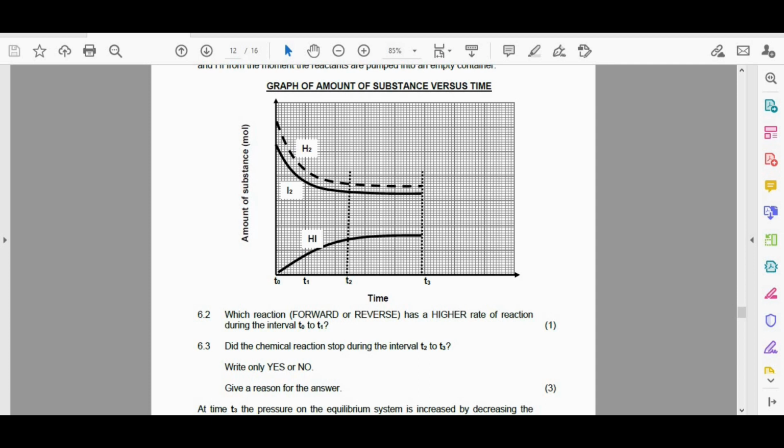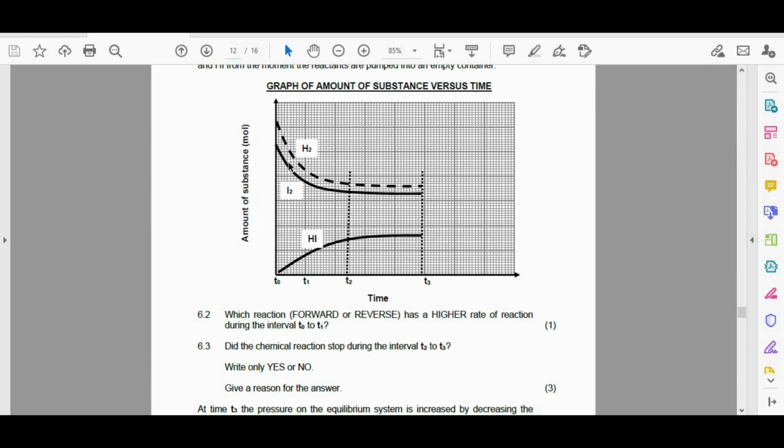So, yes or no to question 6.3. Did the chemical reaction stop during time interval T2 to T3? Yes. No. So there's a conflict of answers there. Do you want to debate that out? One said yes and one said no. Who's more right?